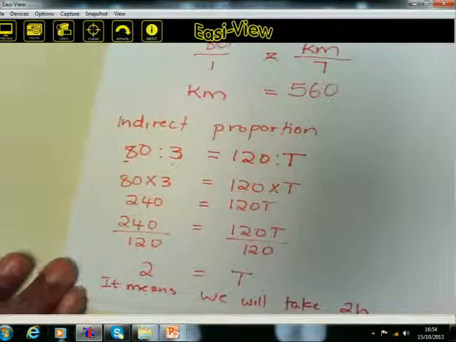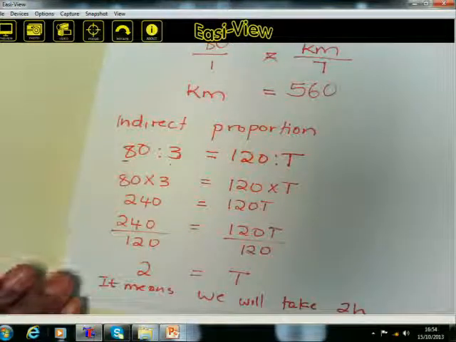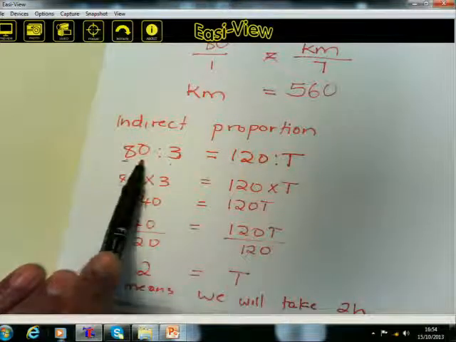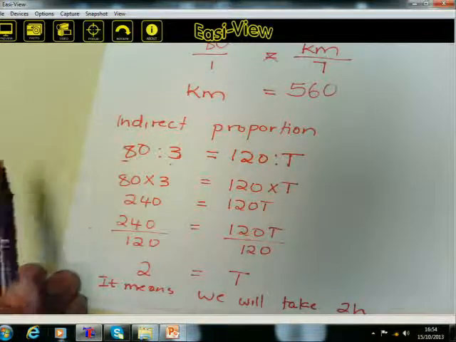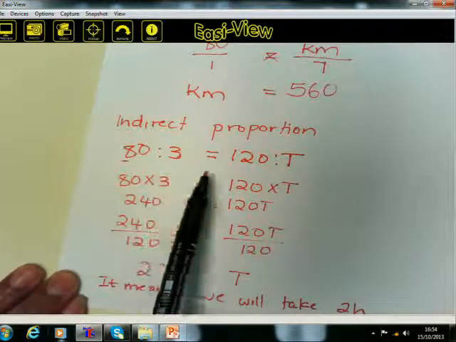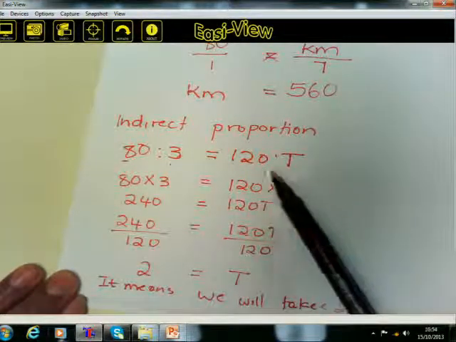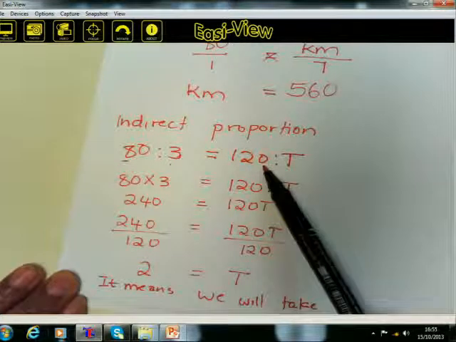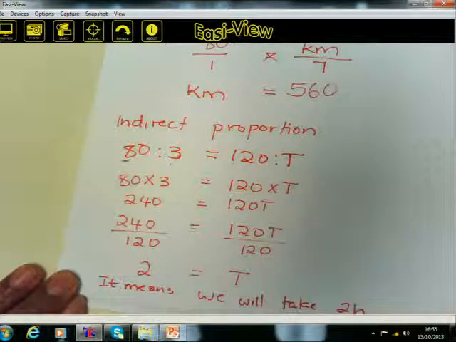Now can you see that we were traveling at 80 kilometers per hour, and we finished the trip in 3 hours. Now the speed increases. We are traveling at 120 kilometers per hour, and then our time decreases.